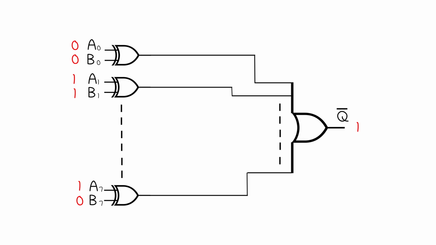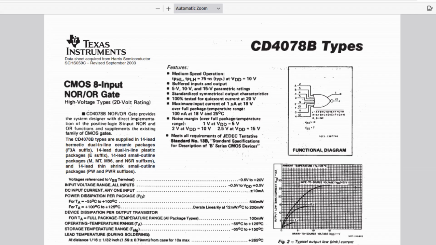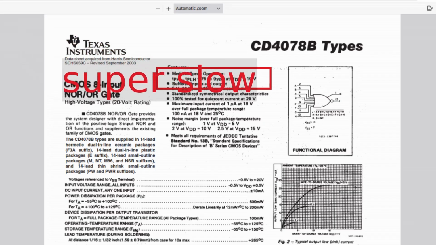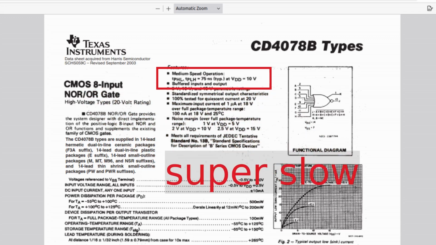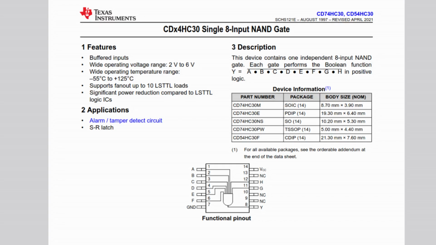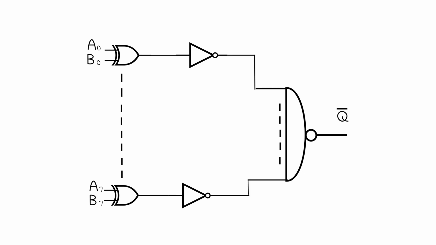The only thing I found is that 8-input OR gates are quite hard to come by. But luckily for us, 8-input NAND gates are everywhere, aren't they? So if we just stick an inverter on the output of all the XOR gates, we can use an 8-input NAND gate instead of an OR gate.